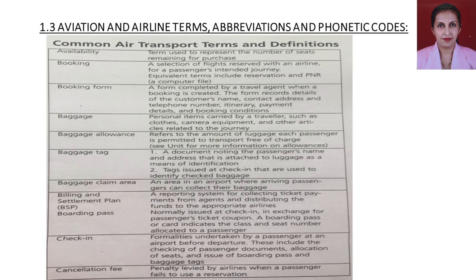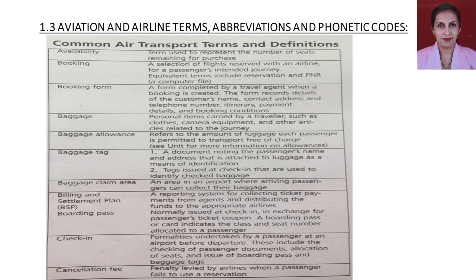So this system, known as billing and settlement plan, is a reporting system. As I told you, it's like software which gives reports also, on how many tickets have been sold and what money is collected, and this system also generates the money to be sent back to the airline.